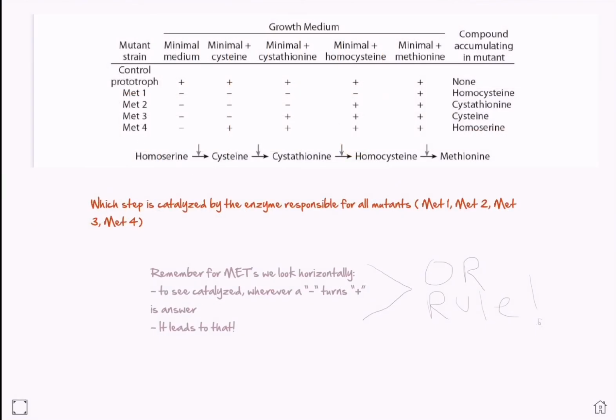In this question, we're asked which step is catalyzed by the enzyme responsible for all the mutants: MET1, MET2, MET3, and MET4. Remember, when dealing with the mutants, we look horizontally, and to see what's catalyzed, wherever a minus turns positive is the answer, because it leads to that. Or you can simply remember the rule we've been dealing with.